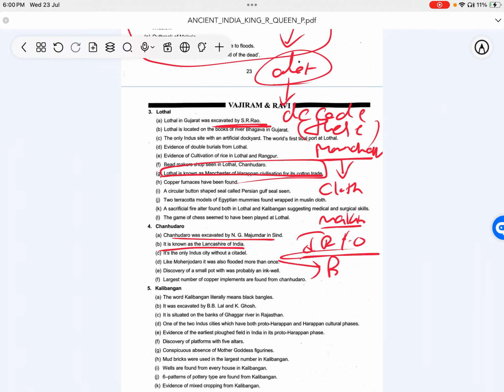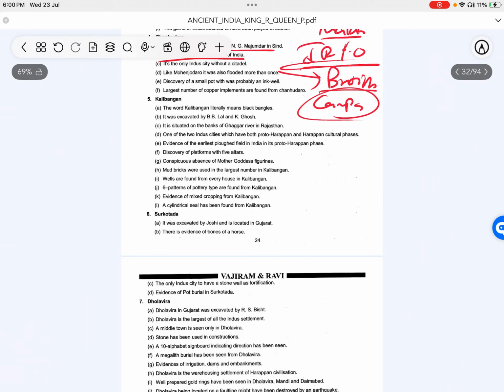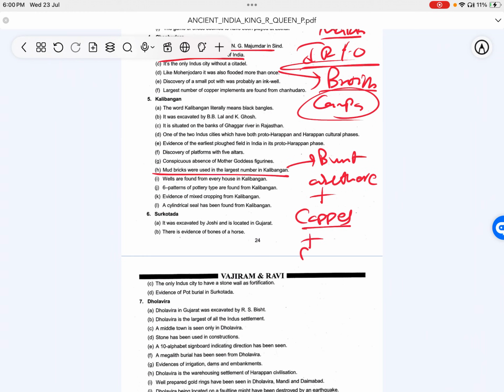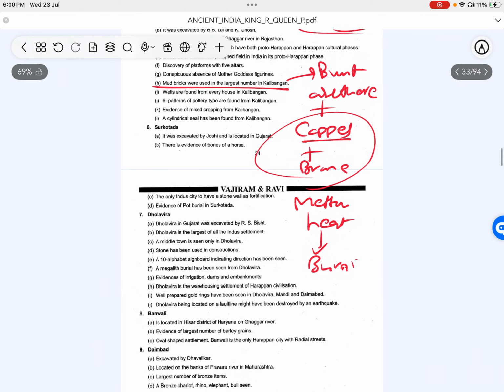There's some kind of British comparison. Mud bricks are there. Burnt bricks are there because they knew how to make copper and bronze. So the same metallurgy heat they used for burning bricks.